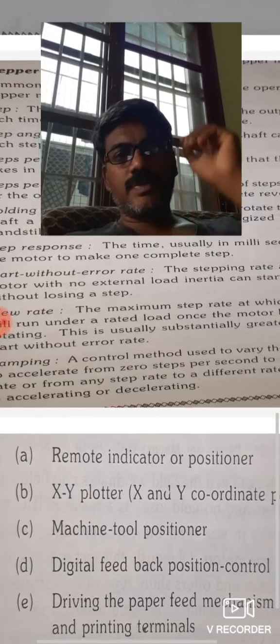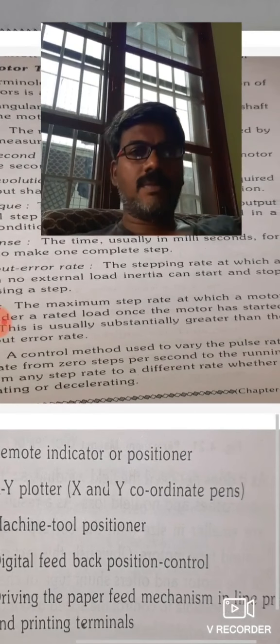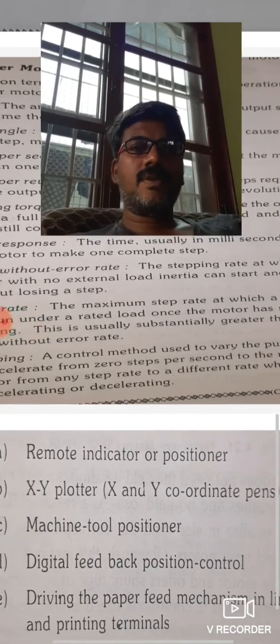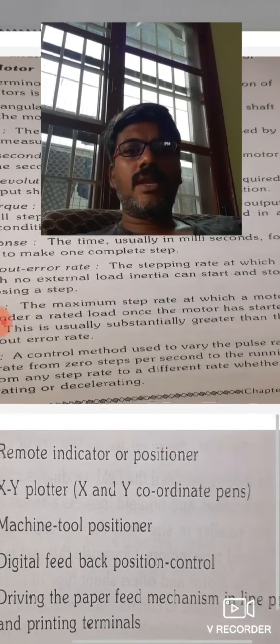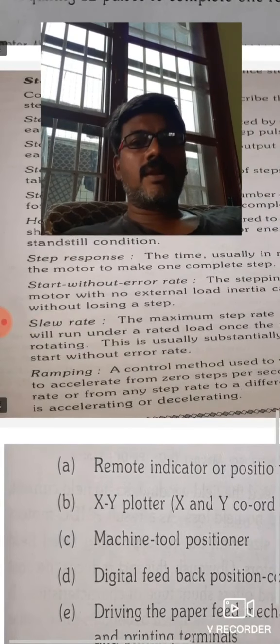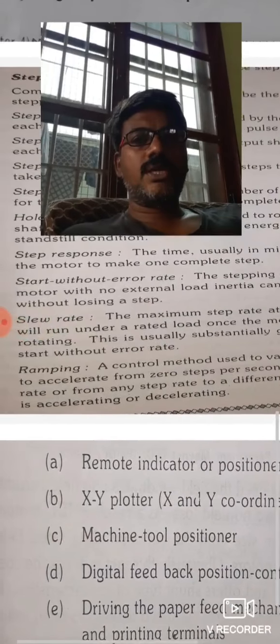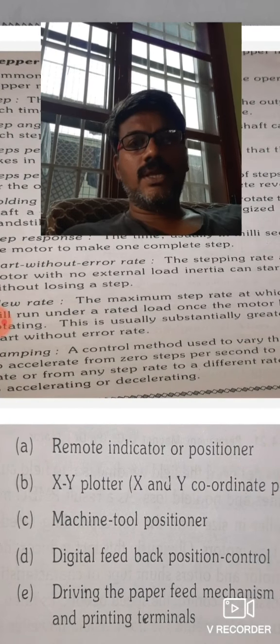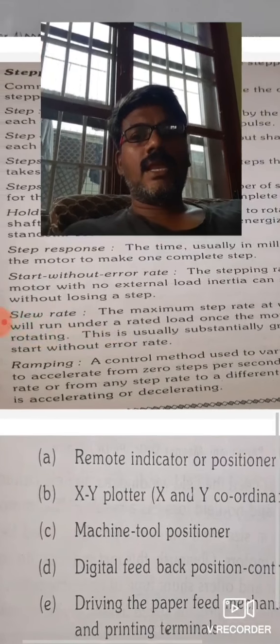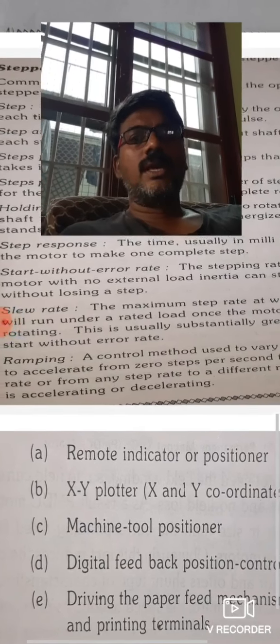What is the slew rate? The maximum step rate at which a motor will run under a rated load once the motor has started rotating. This is usually substantially greater than the start without error rate.